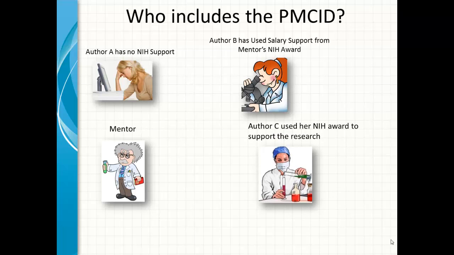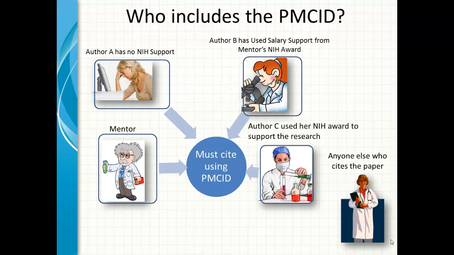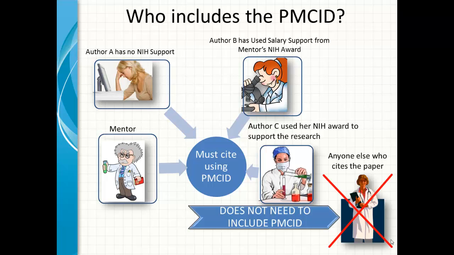Author C used her NIH award to support the research. And then there's anyone else who wishes to cite the paper. Any author, including the mentor, must use the PMCID when citing this paper. Anyone else does not need to include the PMCID.